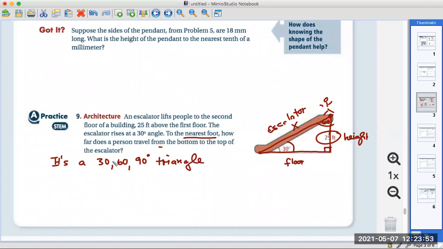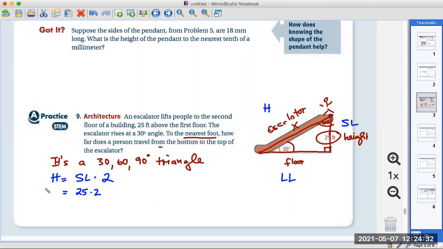Let's see, I'm going to change colors. This is the hypotenuse. This is the long leg across from 60. And this is the short leg across from 30. So my sentence would be: the hypotenuse is the short leg times 2. Oh, that's easy because the short leg is 25.